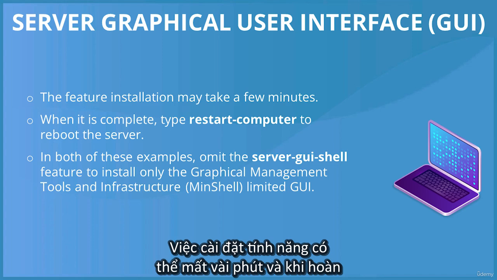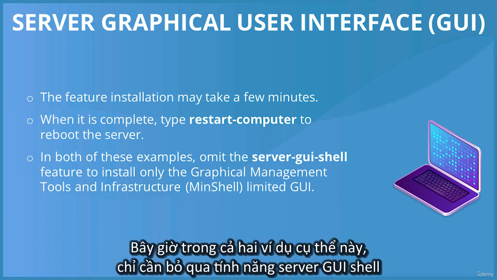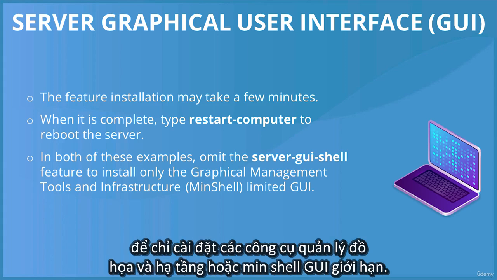The feature installation may take a few minutes, and then when it's complete, just type Restart-Computer to reboot the server. Now, in both of these particular examples, just omit the Server-GUI-Shell feature to install only the Graphical Management Tools and Infrastructure, or MinShell, limited GUI.